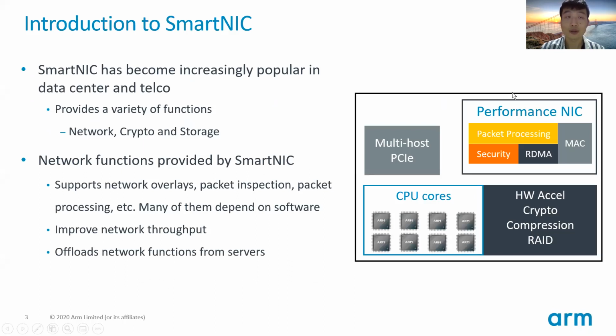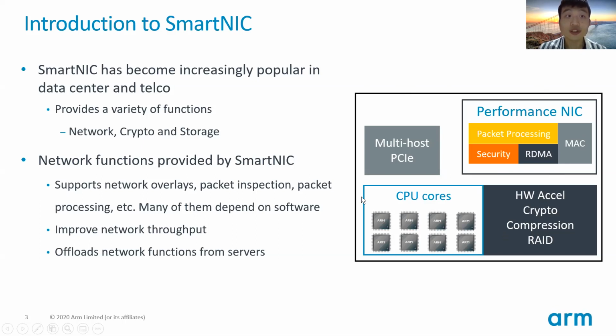First of all, SmartNIC has become increasingly popular in the data center and telco field because, as you can see in the right picture, the SmartNIC supports a lot of functions, such as network, cryptography, and storage.